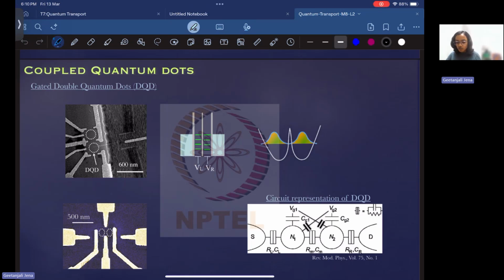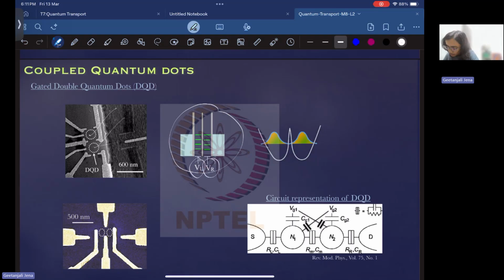If you look at the first figure, this is one of the SEM images of a quantum dot. The dotted regions are the quantum dot regions where the electron can stay or tunnel to the second quantum dot, depending on the interdot coupling or the gate voltage applied. In the right figure, this is one of the simplest representations of a double quantum dot.